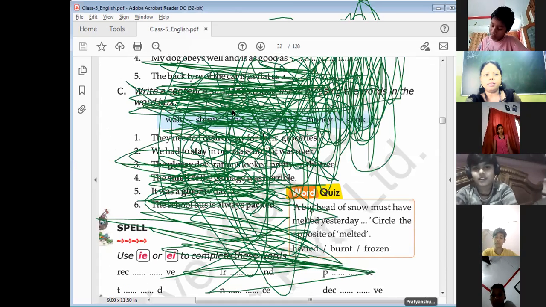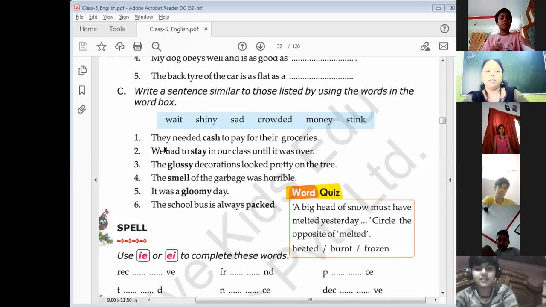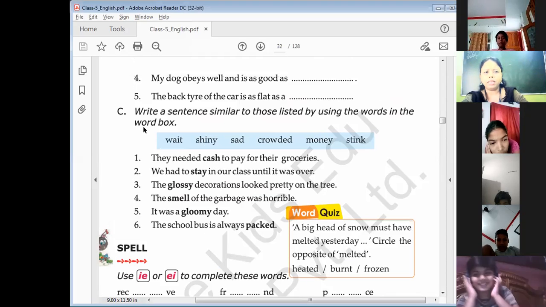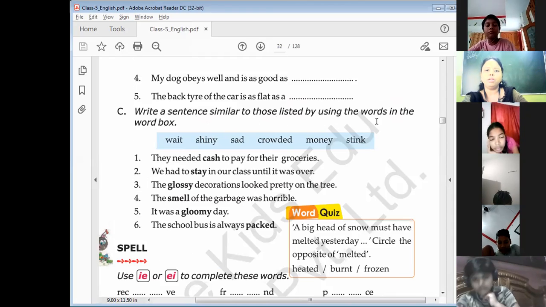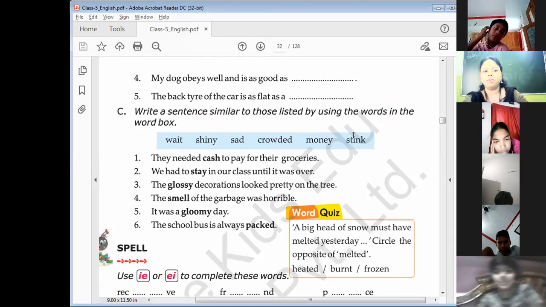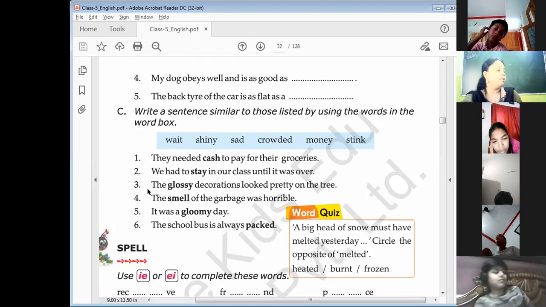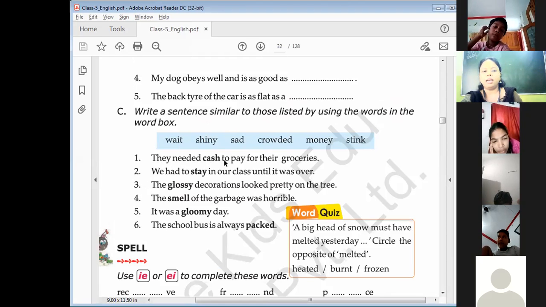Write a sentence. So students, let's move to the next exercise, which is to write a sentence similar to those listed by using the words in the word box. You can see some words over here. They needed cash to pay for their groceries.